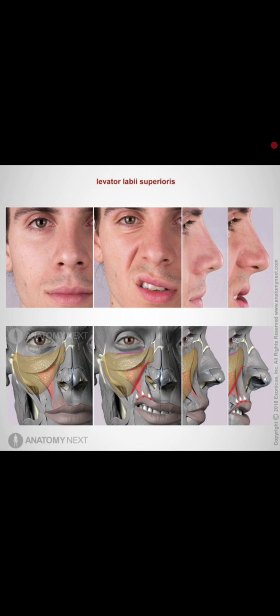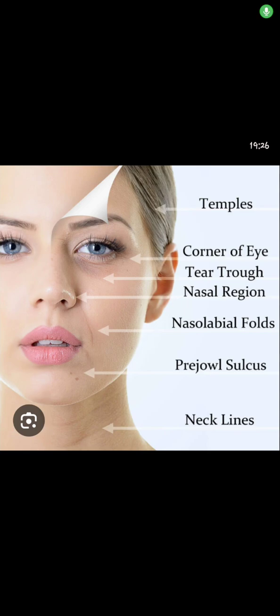So the nasolabial fold is, even though it looks like it's in the same place, different from the sulcus. The nasolabial fold is the natural anterior, which means to the front of the body, fold of the cheek, which descends laterally, meaning along the side, along the upper lip from the wing of the nose.